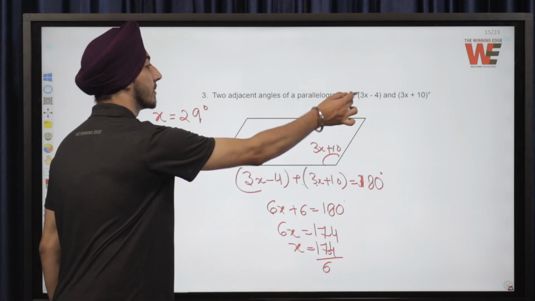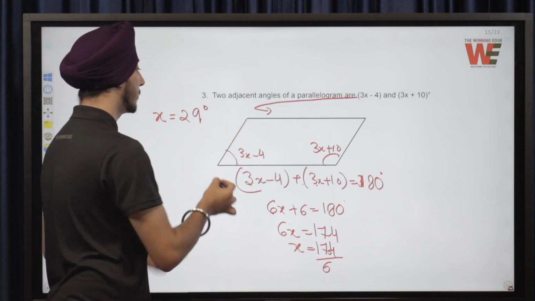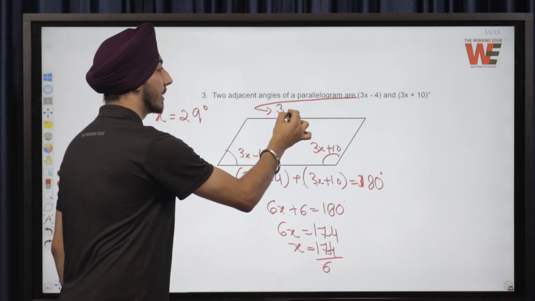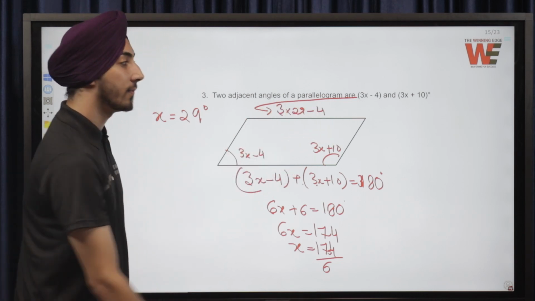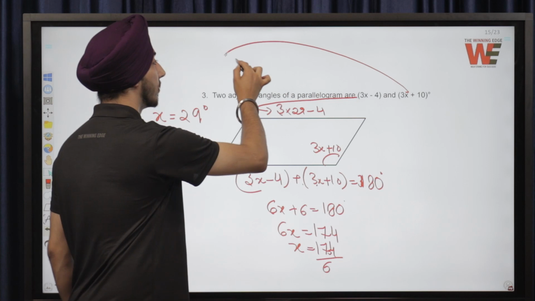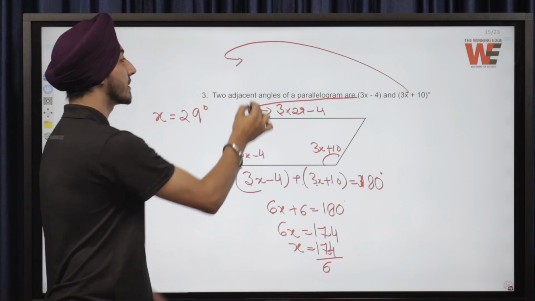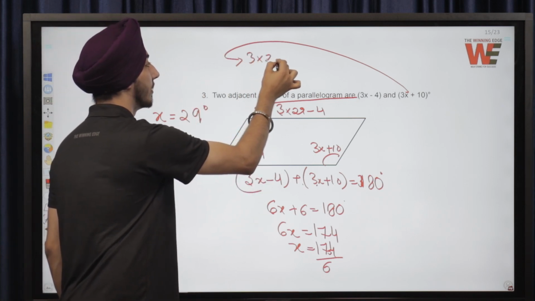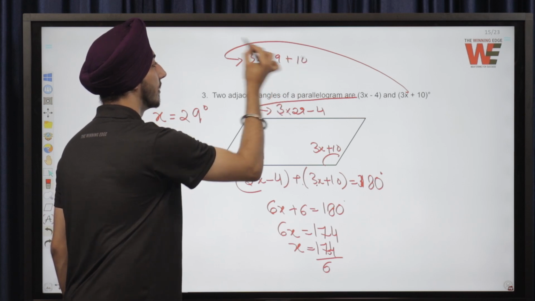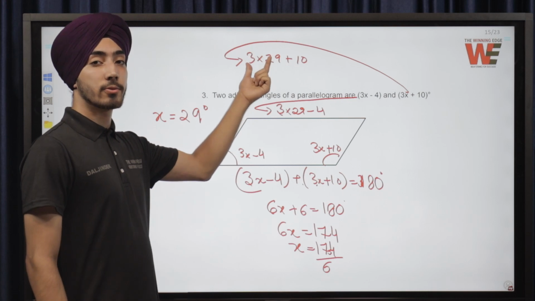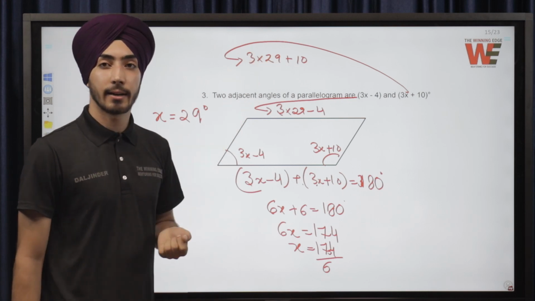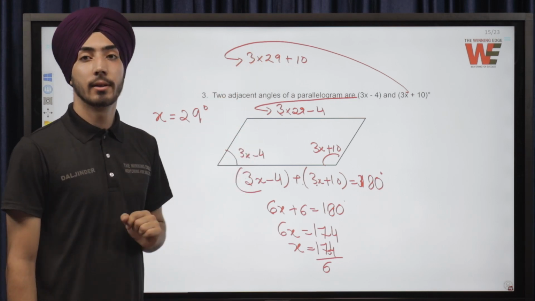So we are actually going to put this value here. So 3 into x means 3 into 29 minus 4. Okay. And for the other angle, what we can do is 3 into x plus 10 means 3 into 29 plus 10. So see, we can actually multiply 3 into 29, but I'll tell you a short trick. 29 is close to 30, right? 30 into 3 gives you 90.